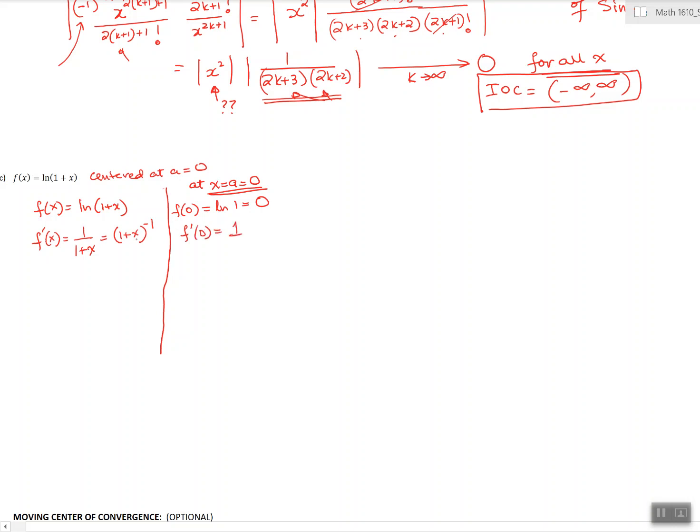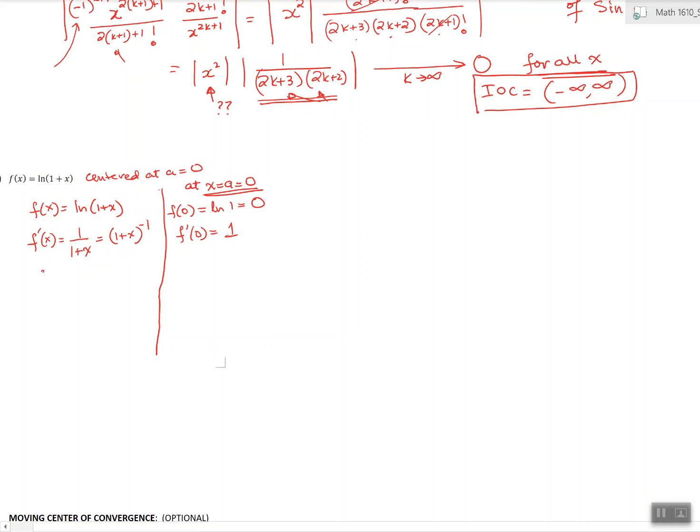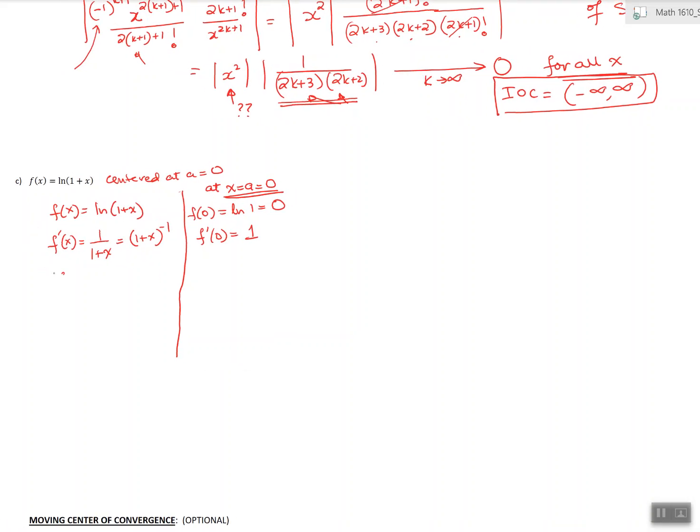Put x as 0 here. Let's go for the second derivative. So I'll get minus 1 times 1 plus x raised to the power negative 2. And the chain rule is going to give me a 1, which is okay. So my f double prime at 0 is going to be negative 1. Let's find the third derivative.